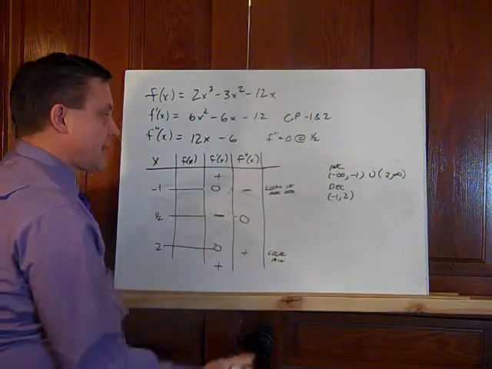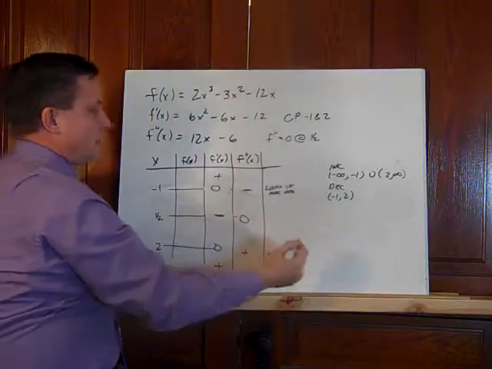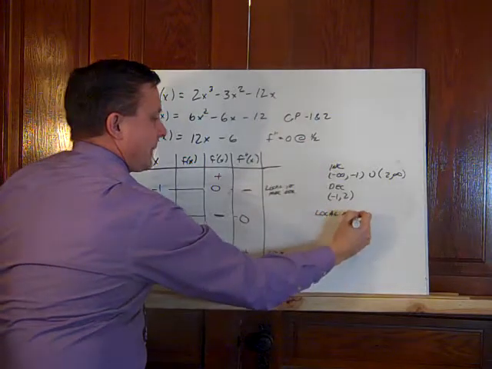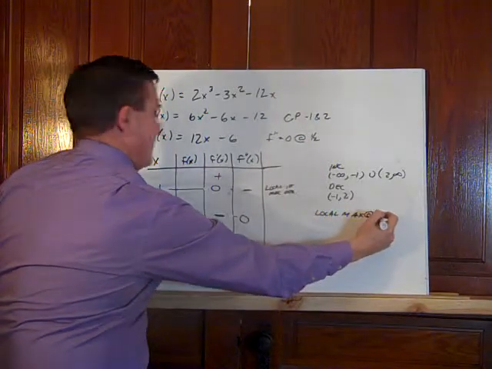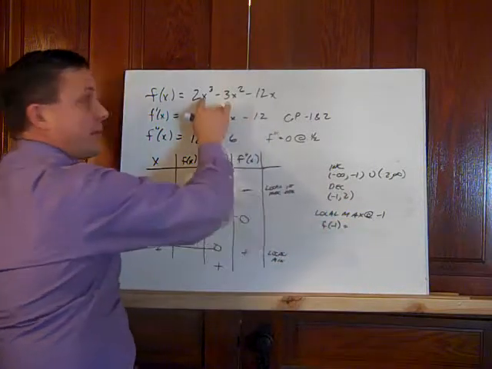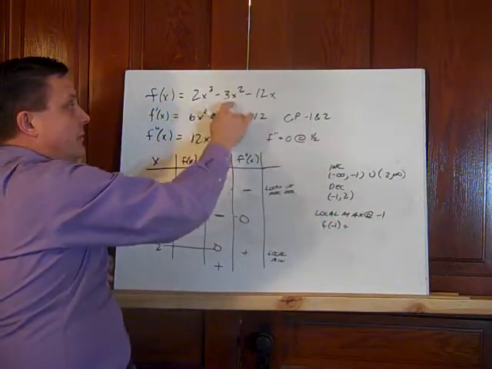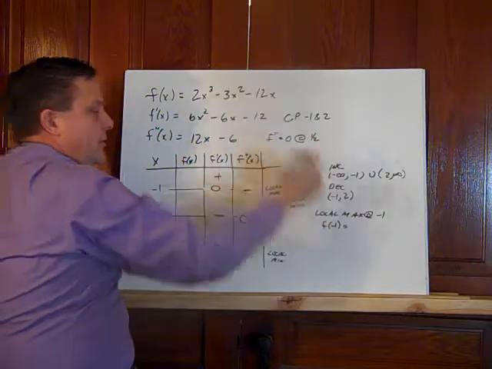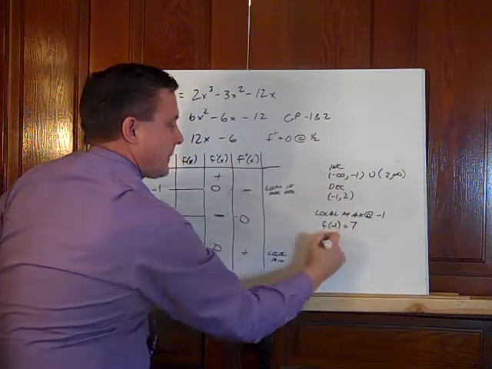Alright, so we can find the mins and maxes by using the original function if you want. So I have a local max at -1. Its value is just by plugging -1 into the original function. -2 minus 3 is -5, -5 plus 12, it's 7.